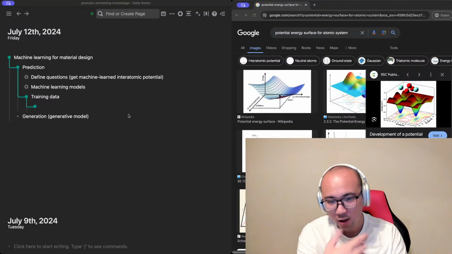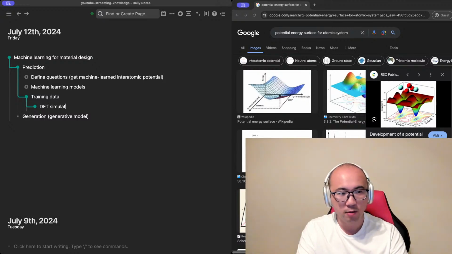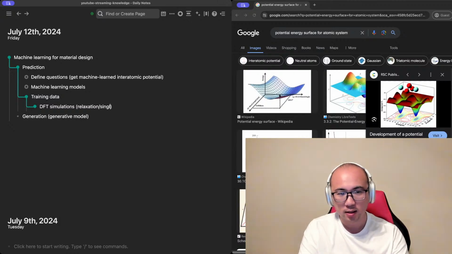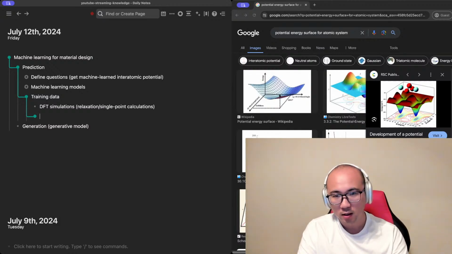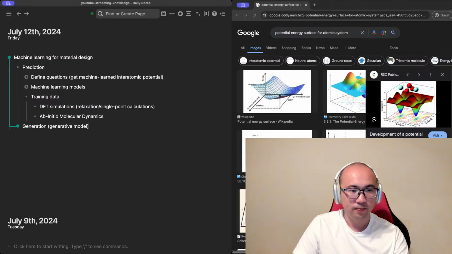Training data usually comes from two different sources. One is the DFT simulations. It can be relaxation, or it can be single point calculations. It can also come from ab initio molecular dynamics.